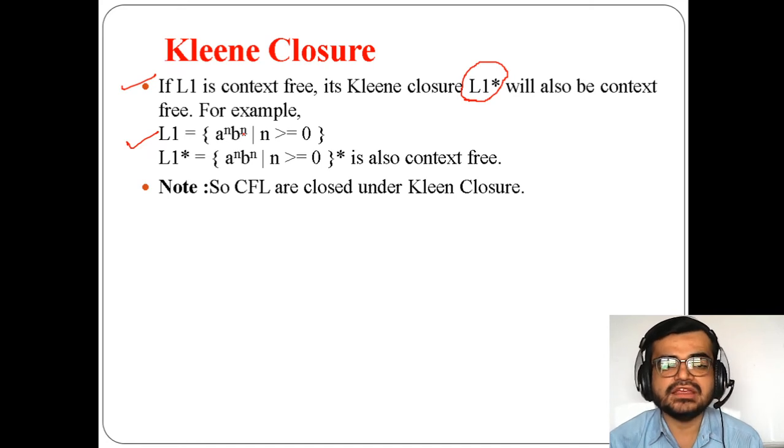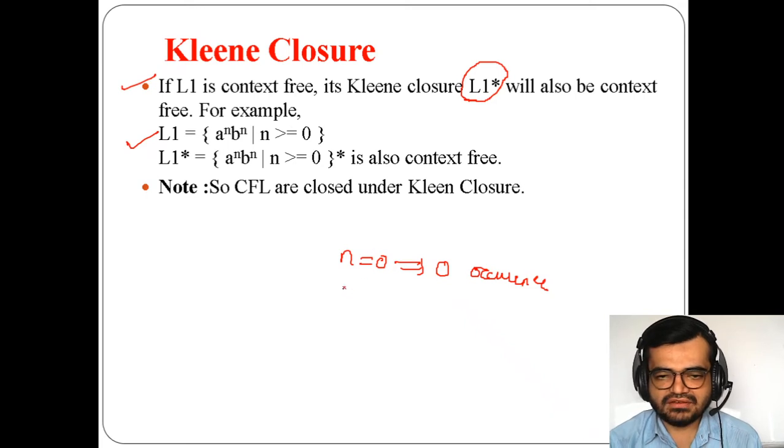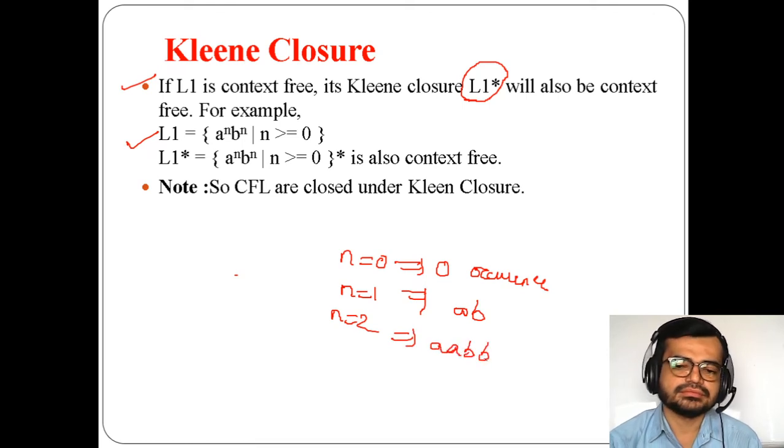For example, if n is equal to 0, we are not taking even a single a or single b, so it is zero occurrence. When n is 1, you get the string ab. When n is 2, you get aabb. Similarly, you will get the strings in that way.